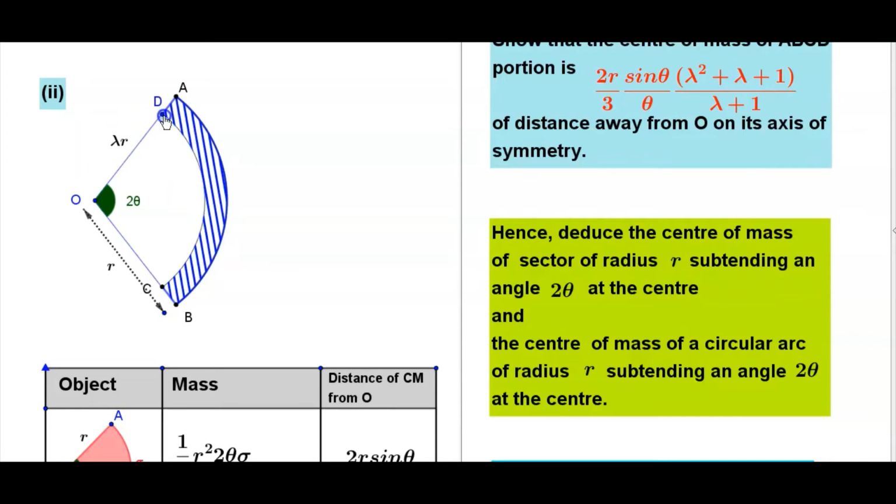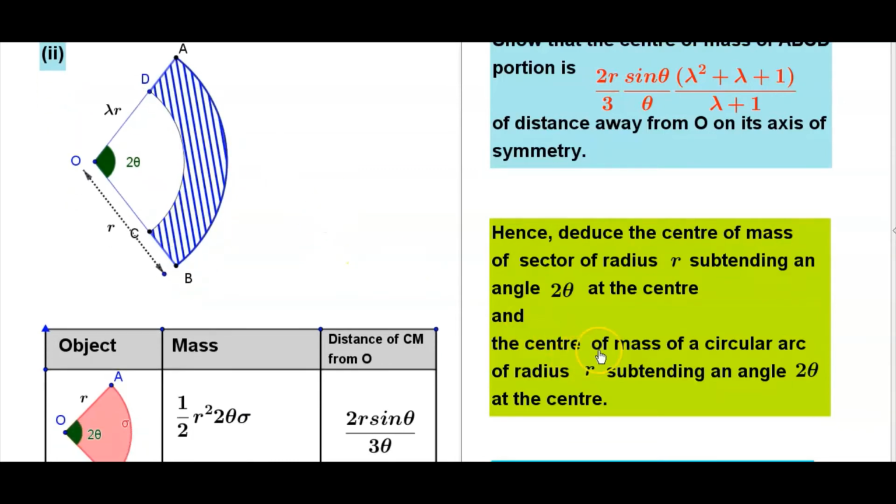So this portion ABCD becomes a circular arc. When we substitute lambda equal to 1, we can get the center of mass for this one.